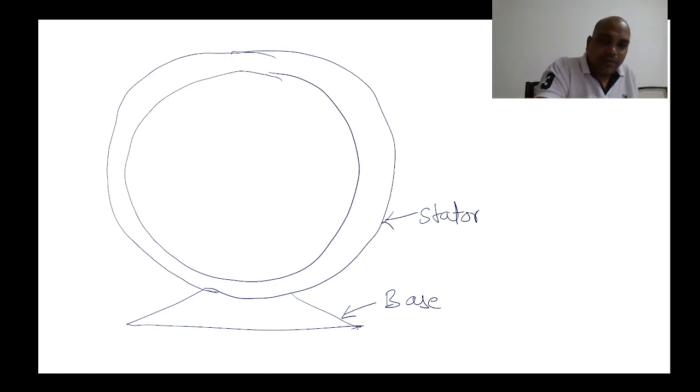Why are we using a base? The DC machine stator is placed on the base. The base gives support to the stator of the DC machine.